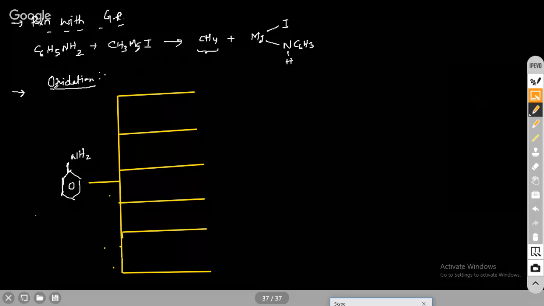So for oxidation, we can use different oxidizing agents, and we'll get different products in all these cases.